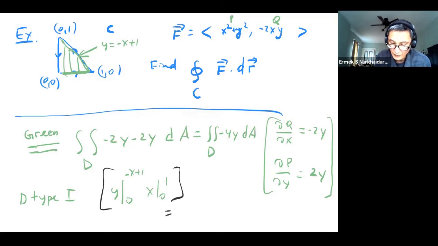So we get the integral from 0 to 1, integral from 0 to negative x plus 1, of negative 4y dy dx.